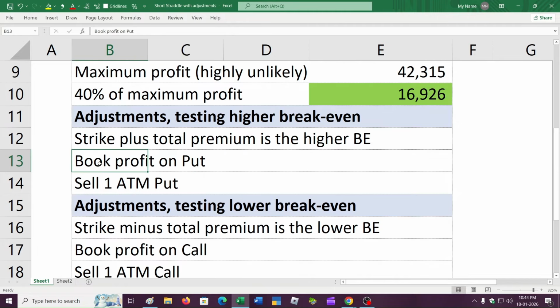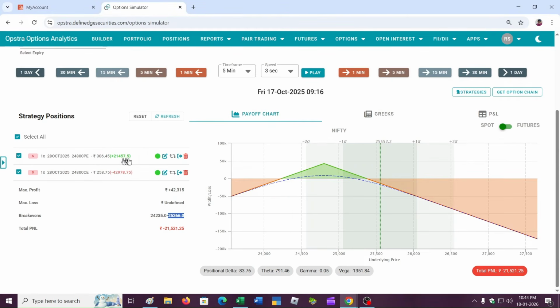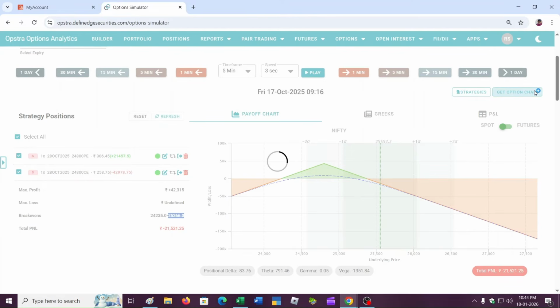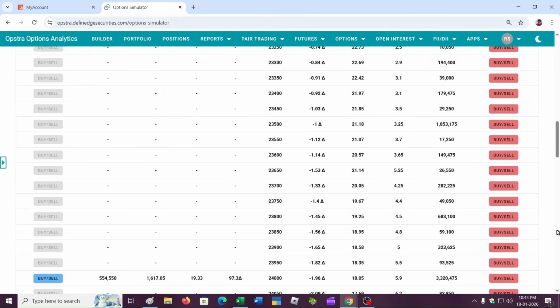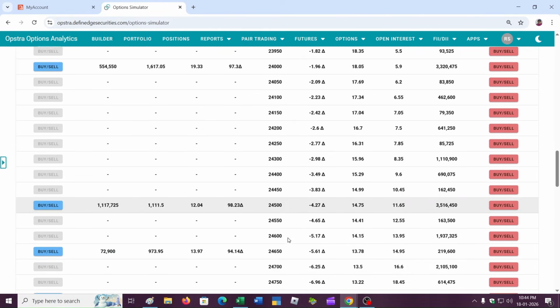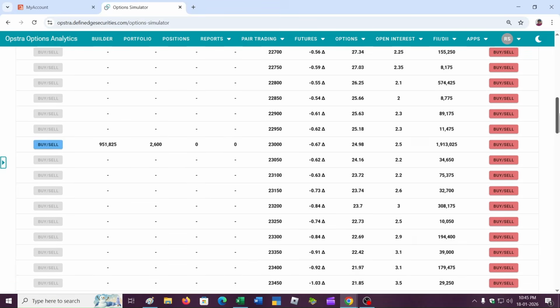which is we should book profit on the put option. That is the first action. So the 24,800 put, we have to close. Take the profit. Here we are seeing a profit of 21,000 something. We should book it. 24,800 put. 12.92 is the price.